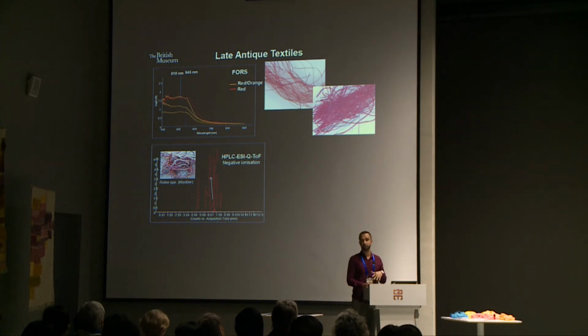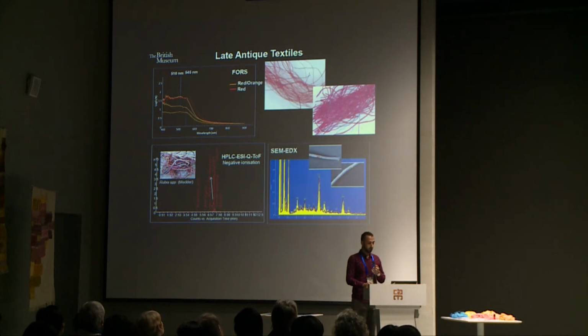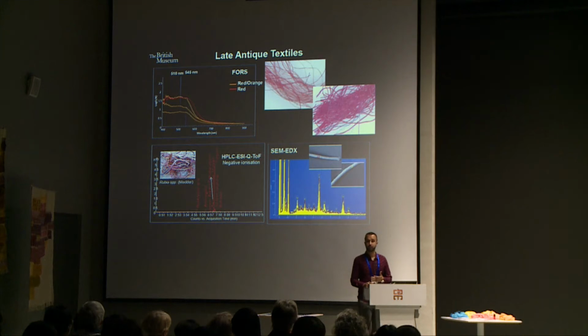So the profile of the molecules was very similar. So we thought that maybe there was a different mordant, but when we did scanning electron microscopy with EDX, we saw that the EDX spectra were very similar. The aluminium peak was quite high, and it pointed to the presence of alum in both samples.